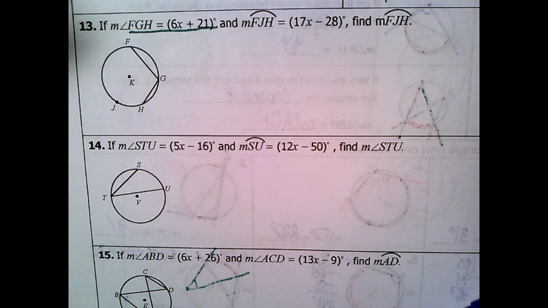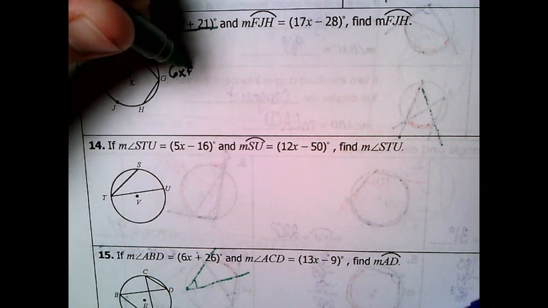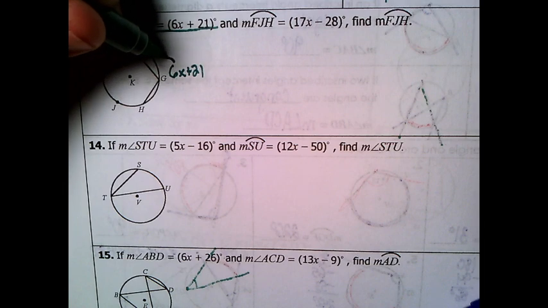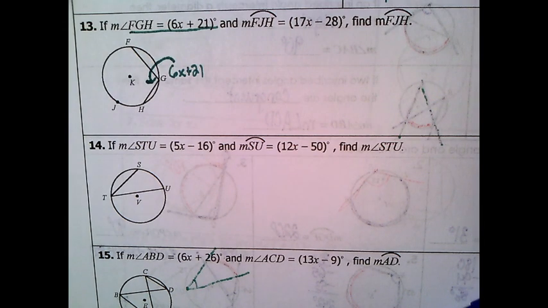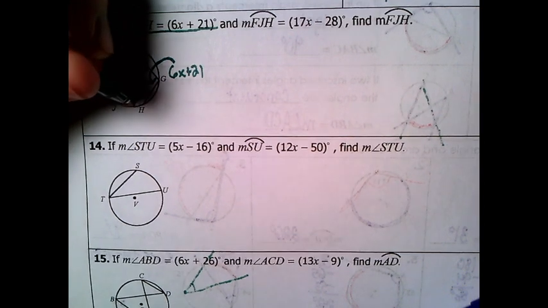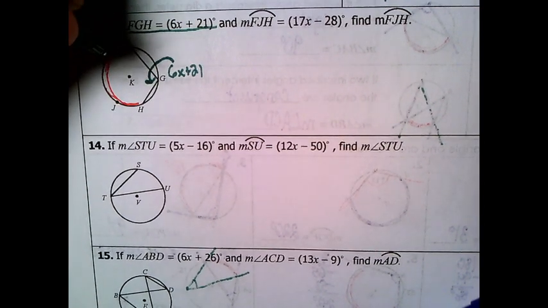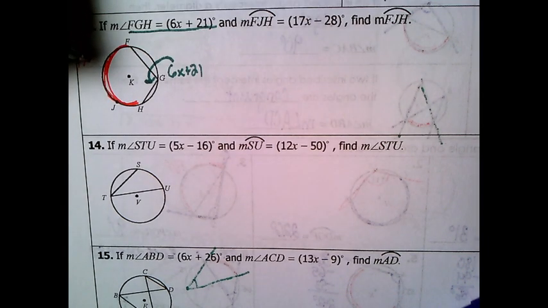So this angle is 6x plus 21. And then they give me this arc, FJ. They're being nice. This arc is 17x minus 28.